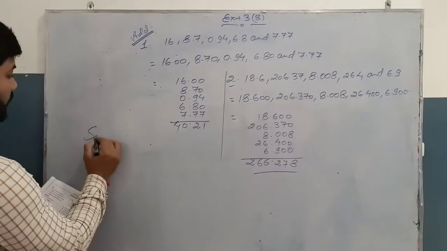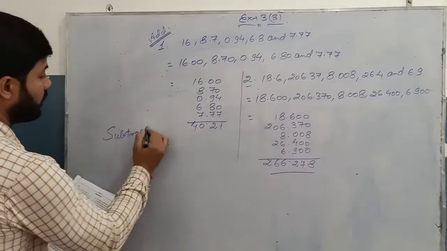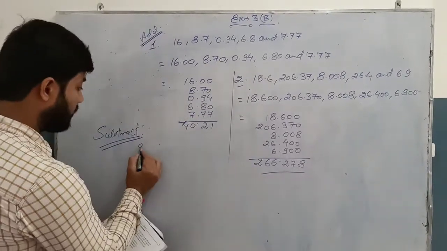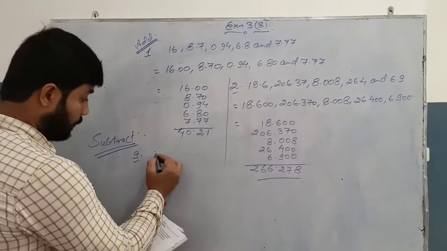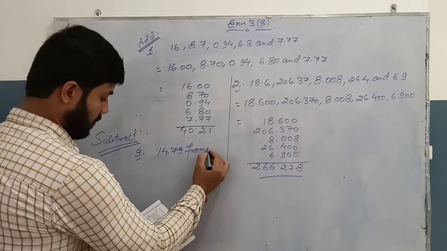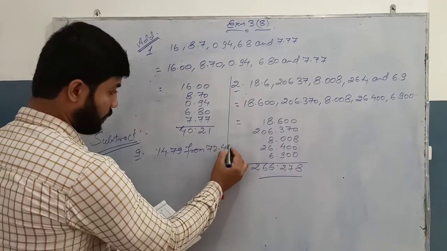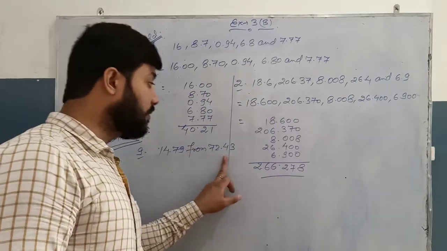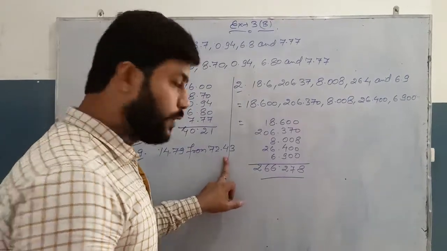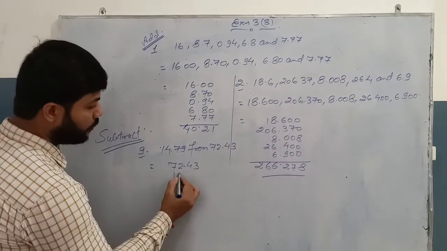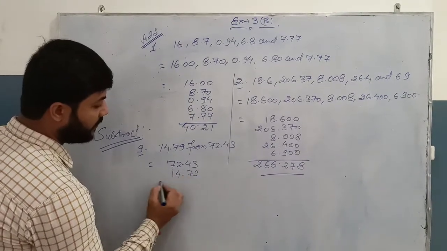Next is to subtract. Subtract means reduce. Question number 9 says 14.79 from 72.43. It means that 14.79 is to be reduced from 72.43. So 72.43 reduced by 14.79.